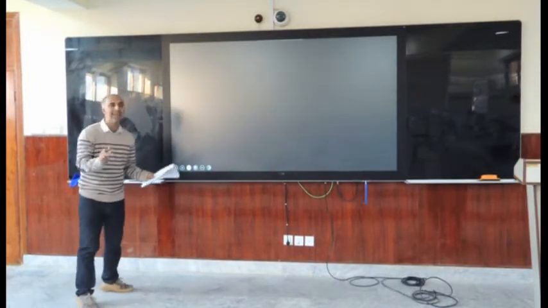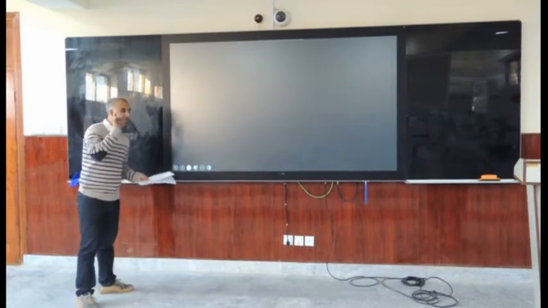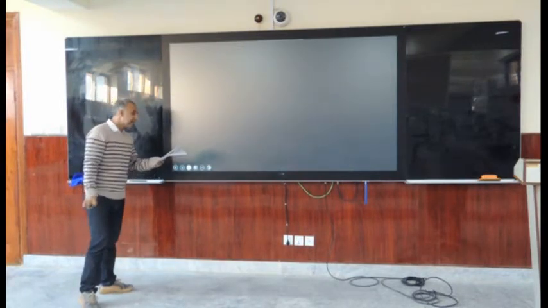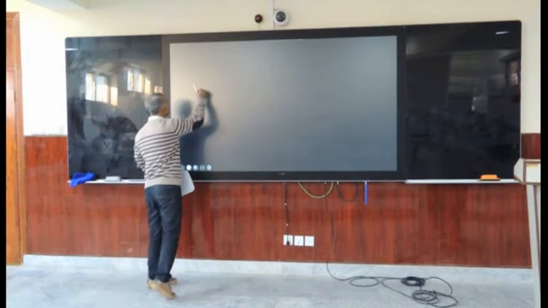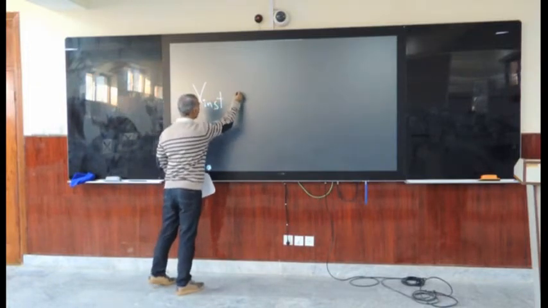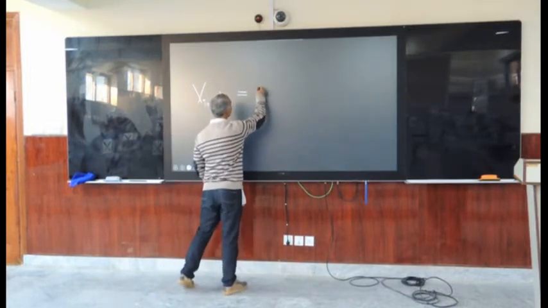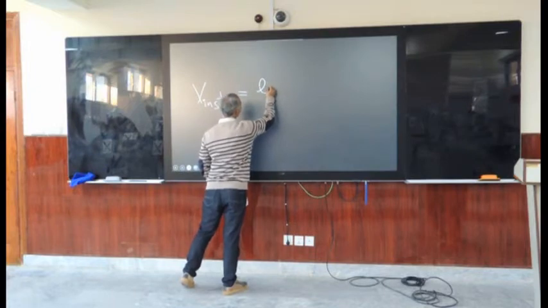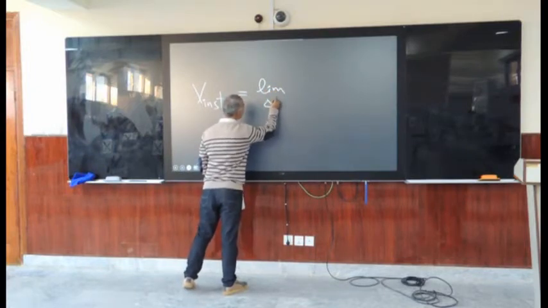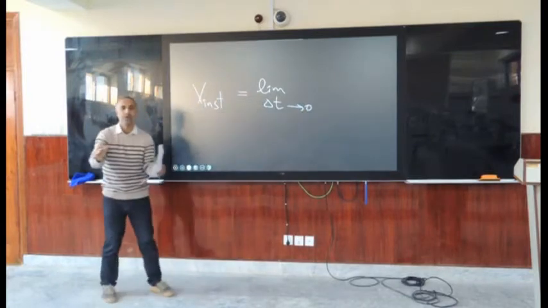We will apply a limit. Now we are not stopping the car, but we want to analyze the velocity at an instant, and it is also known as instantaneous velocity. For this purpose we are applying a limit, that the change in time approaches zero.